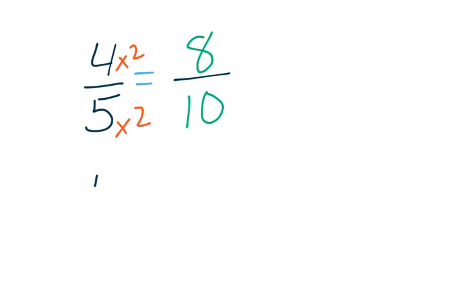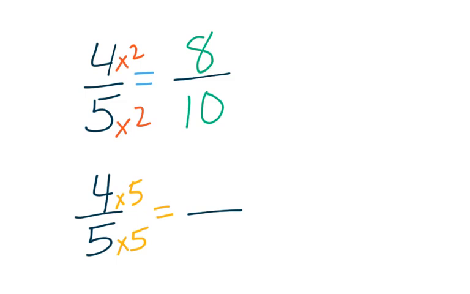I could take that same fraction, 4/5, and multiply my numerator and denominator by something else. Maybe I want to multiply each times 5. And I'm going to create a different equivalent fraction. 4 times 5 is 20, and 5 times 5 is 25.